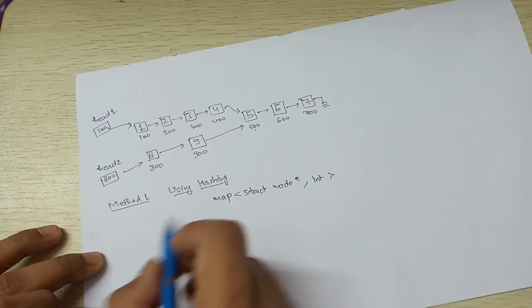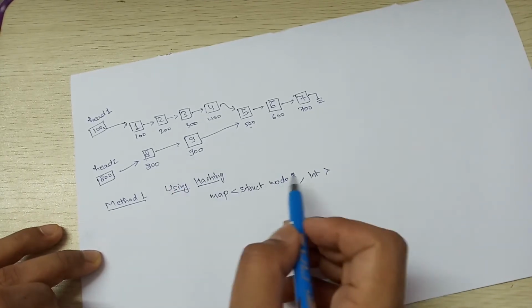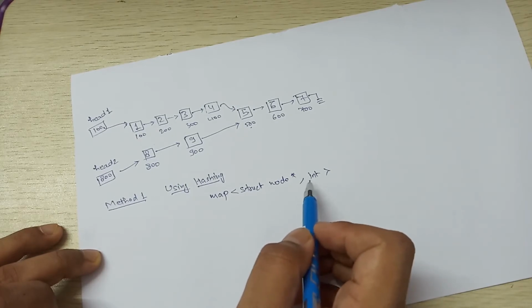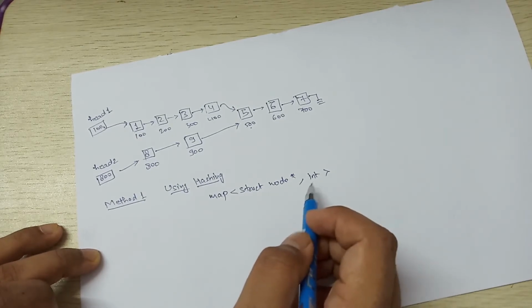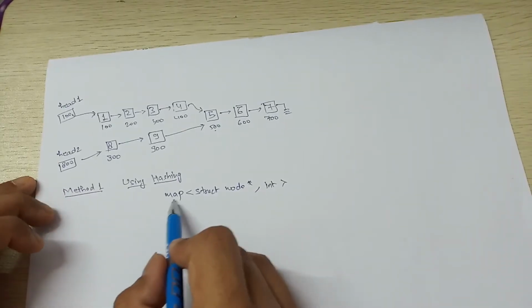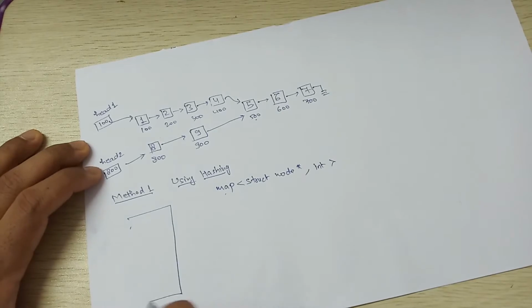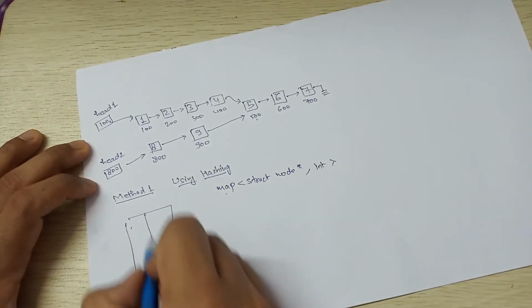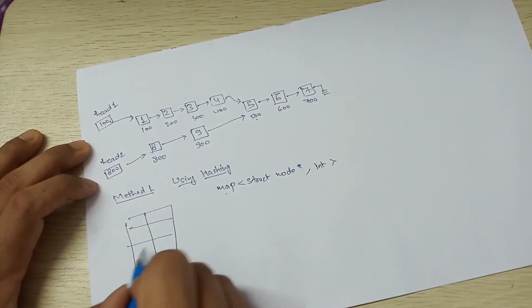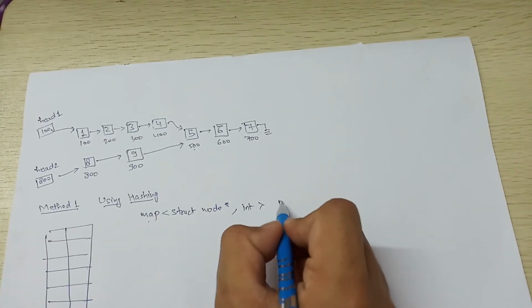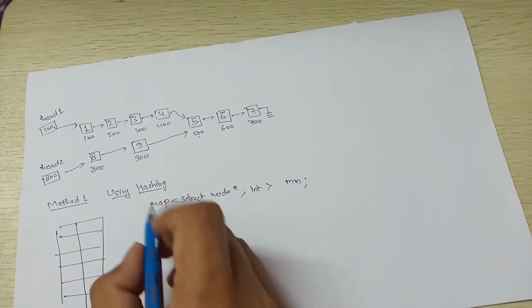The key here is the address of the node, and the value is either 0 or 1, whether we have traversed the node or not. So this is the way of declaring the hash map.